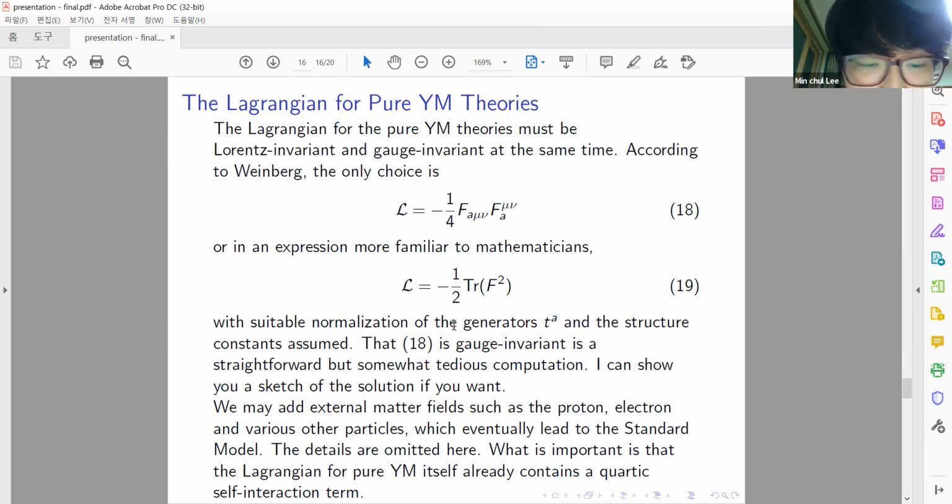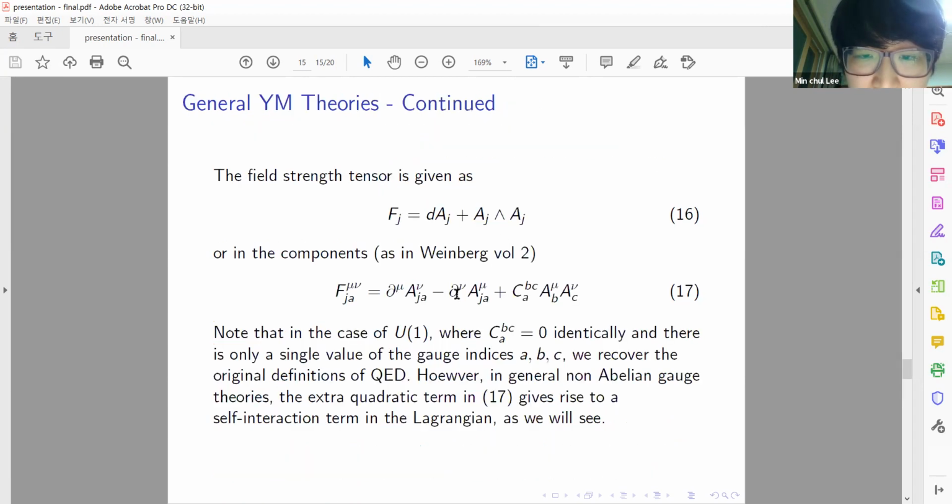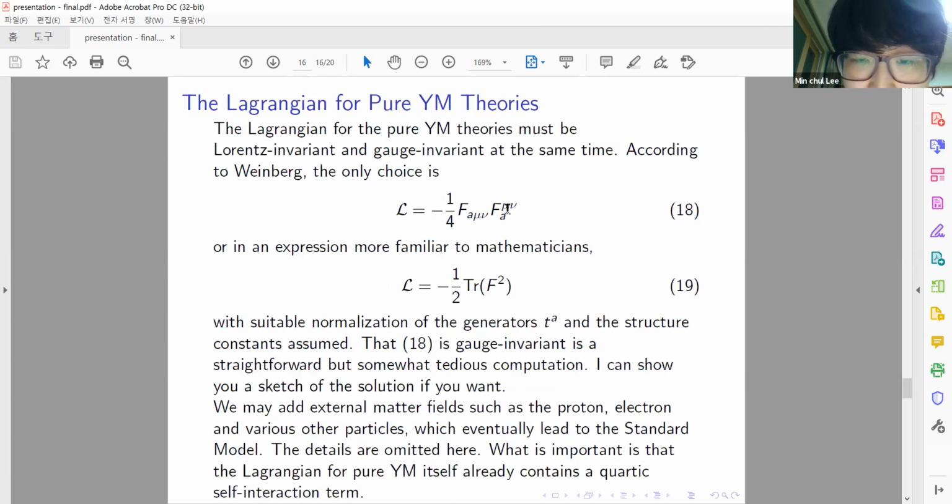But what is important is that the Lagrangian for pure Yang-Mills theory itself already contains a quartic self-interaction term, as you can see from this and the above. The two quadratic terms combine together to yield a quartic self-interaction term. And I heard from Professor Jeffy that this is where he believes the mass gap comes from.